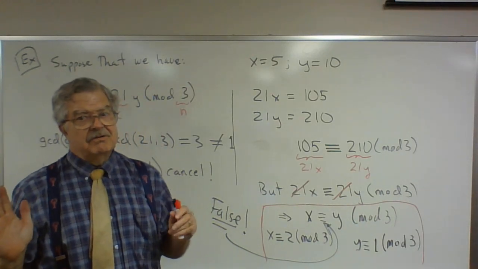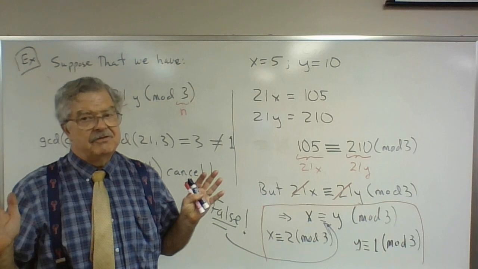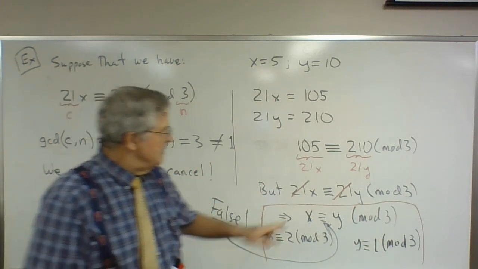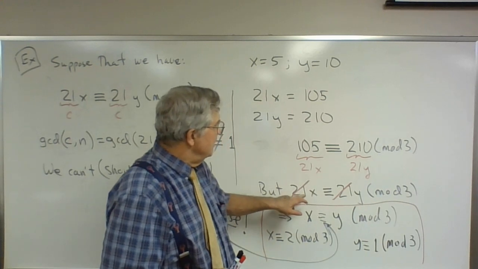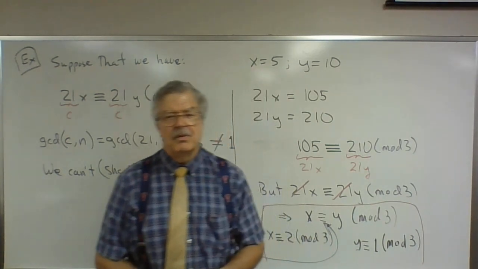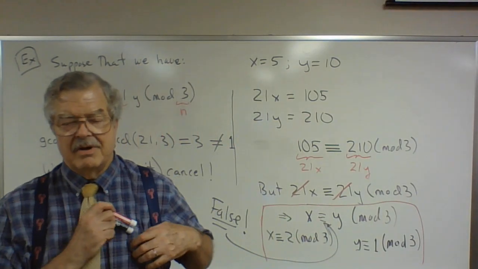Now, it could have worked for no other reason than just dumb luck, but it didn't, because this number, 21, and this number, 3, were not relatively prime.